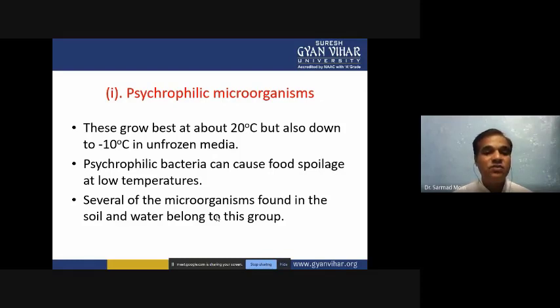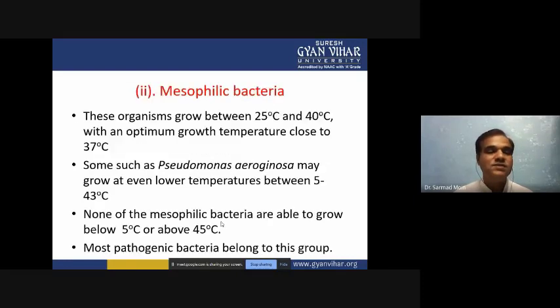Several microorganisms found in soil and water belong to these psychrophilic microorganisms. Whenever they infect or contaminate the food, the food will be spoiled even at low temperature.